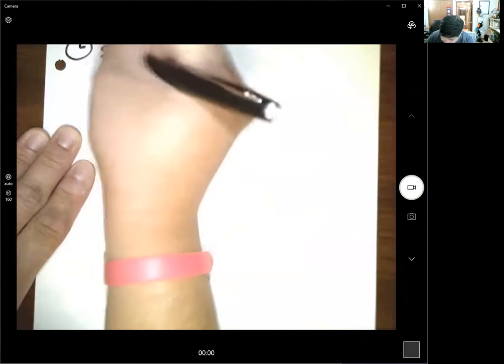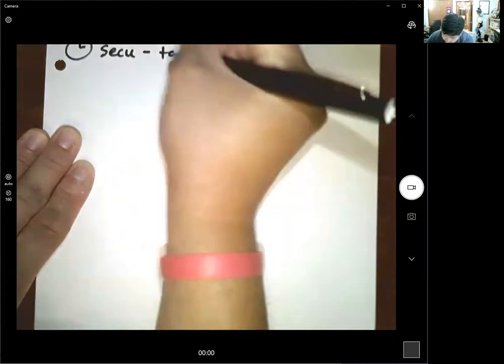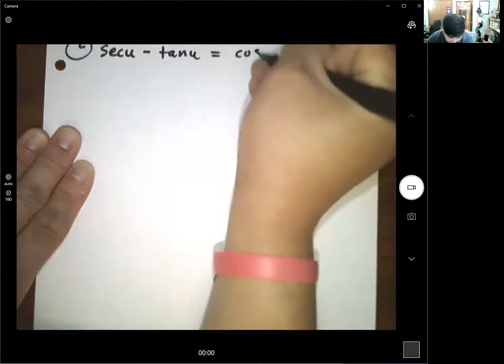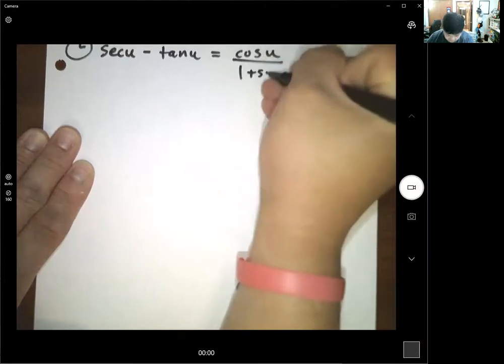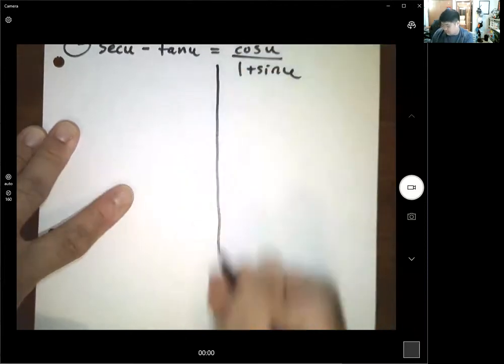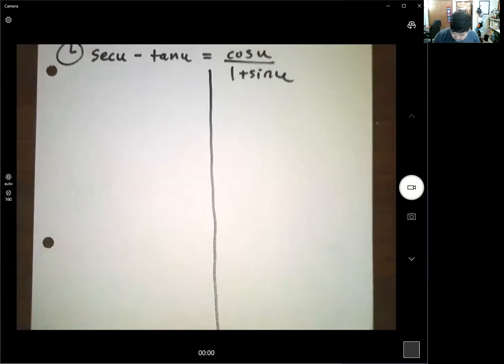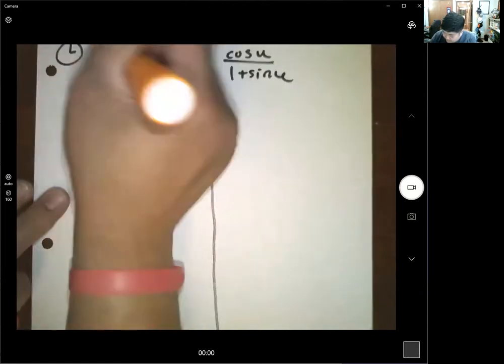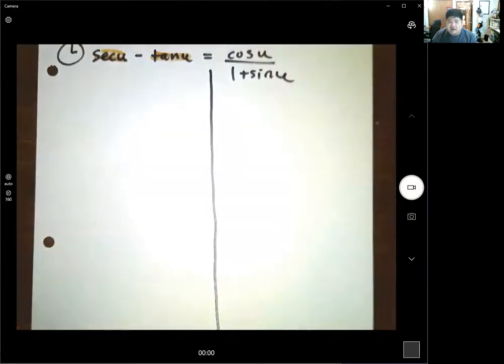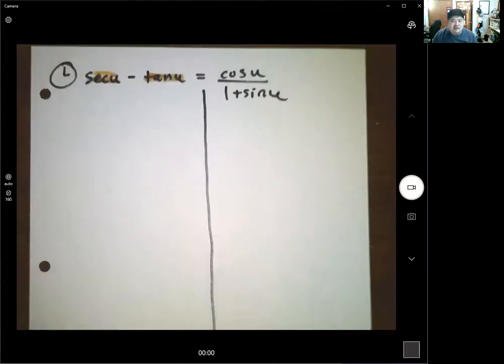All right, problem L. Secant of u minus tangent of u equals cosine of u over 1 plus sine of u. So I'm going to try my normal technique of changing all of the functions to sines and cosines.